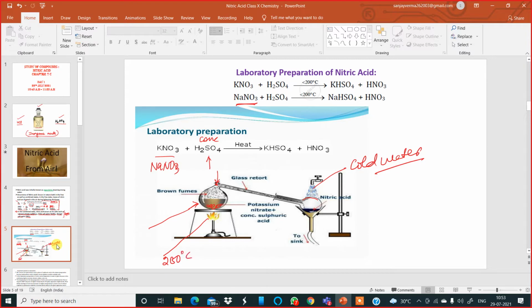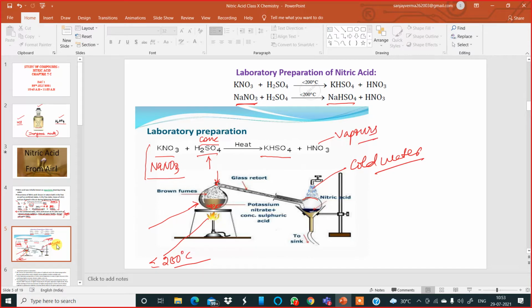200 degrees Celsius. When these conditions are met, there is a reaction between potassium nitrate or sodium nitrate salt and concentrated sulfuric acid, and the products obtained are potassium hydrogen sulfate or sodium hydrogen sulfate, and vapors of nitric acid are formed.